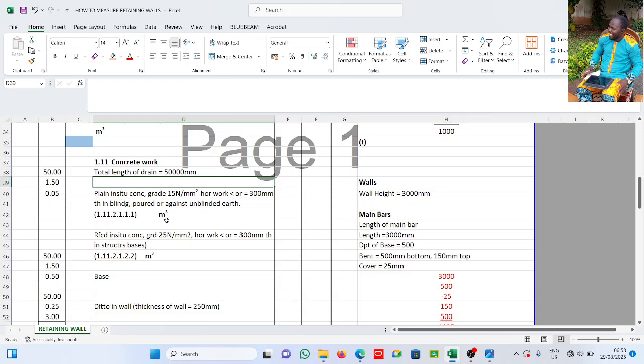BESMM4R 1.11.2.1.1.1. I will not be saying all these things, otherwise this video will be 1 hour today. All right, this is in cubic meter. So the length is 50. That's the base now. The width is 1.5, and the thickness of the blinding is 50 mm, which is 0.05.